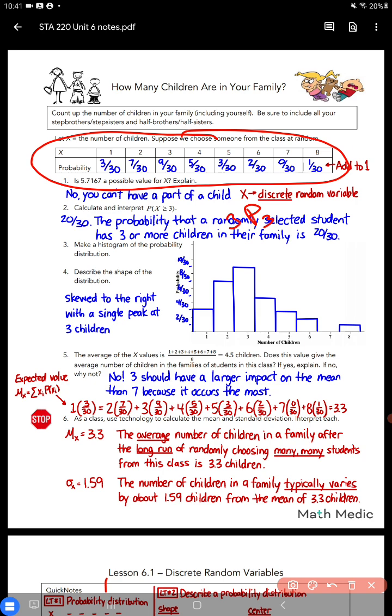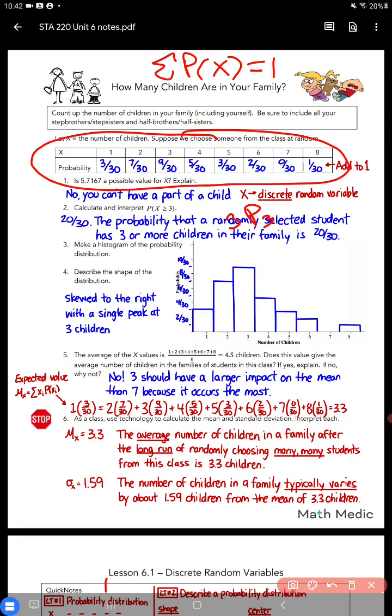What I want to remind you of is in any probability distribution, in order to be valid, your probabilities have to add up to 1. The fancy way of writing that, which you may see sometimes, is the Greek symbol sigma, and that just means the sum. So the sum of the probabilities has to equal 1 in order to be valid.